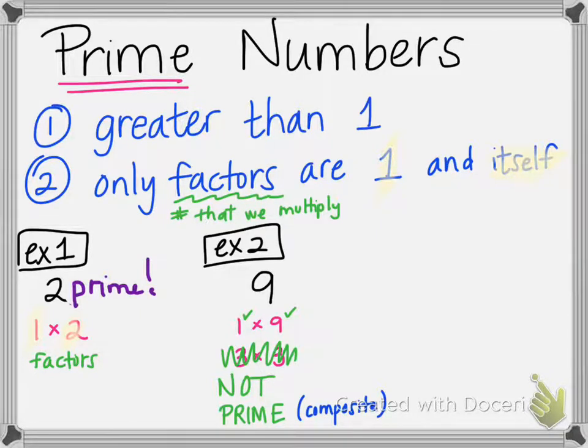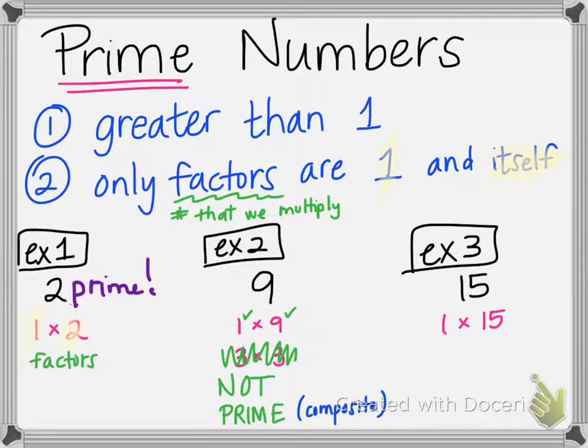Okay, what about example 3? Let's take the number 15. So we can't just assume that because it is an odd number, it will be prime. That's not how the rule works. We have to go through each of the factor pairs, and I will go ahead and start with 1, because that's the definition, that 1 and itself are the only factors.